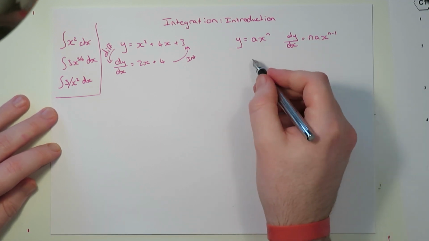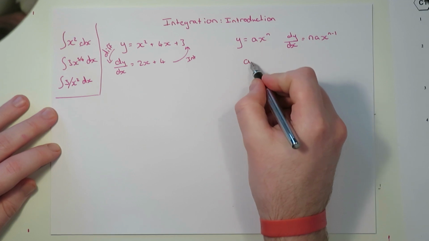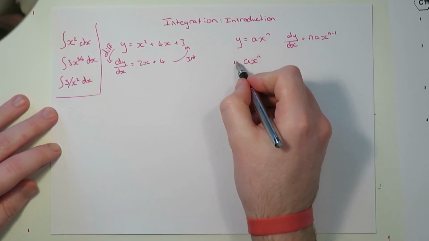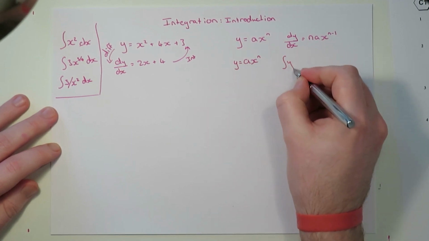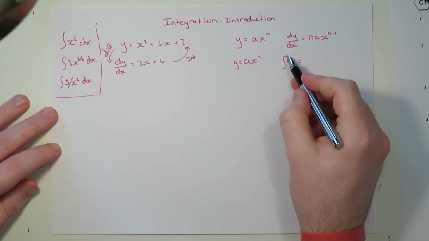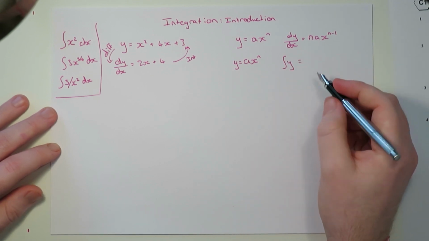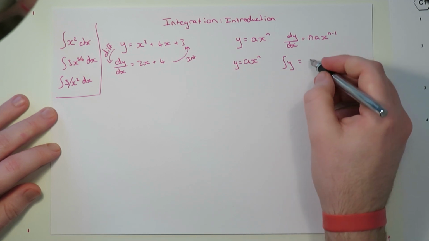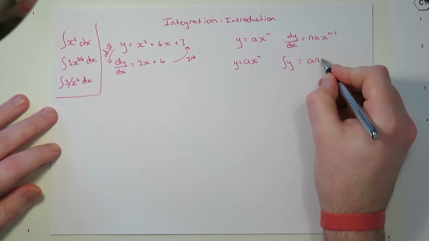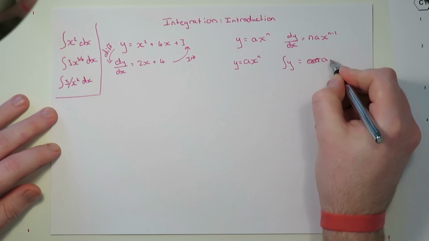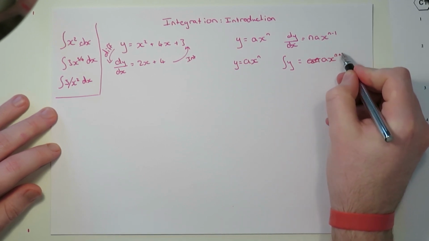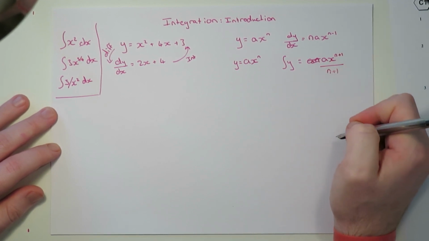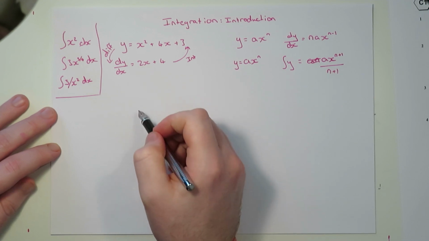With integration, if you have ax to the power of n, then the integral of that, and this sign here is the symbol that we use to say that something has been integrated, is ax to the n plus 1, so we increase the power by 1 and we divide by that new power, and that's it. So how would that work here?